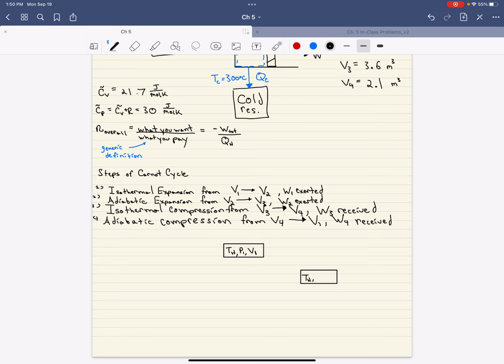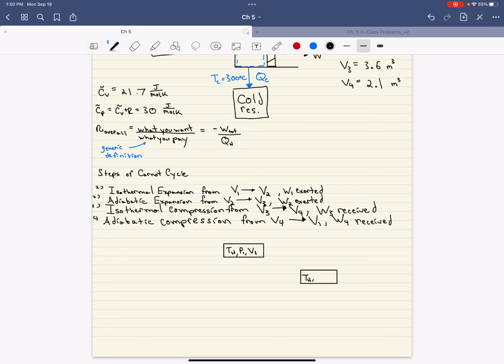And so we would call this step 1. And during this step 1, the system is going to receive some heat, and it's going to give out some work. Okay? All right, and so for step 2, it's adiabatic.